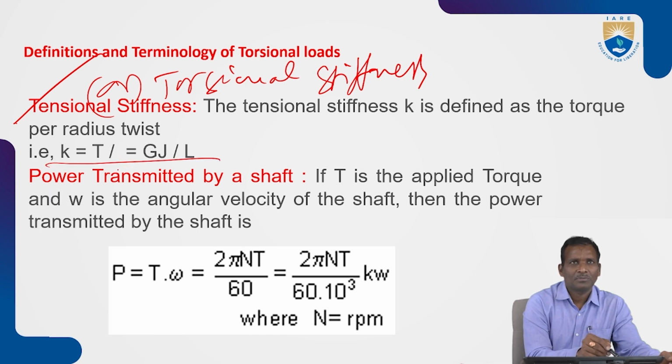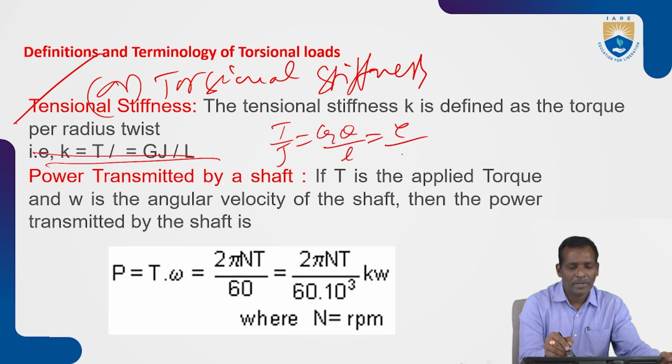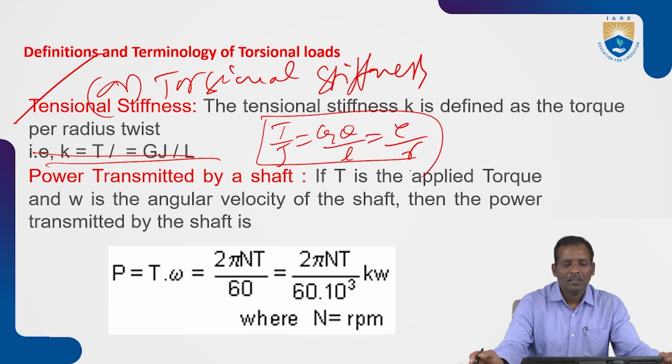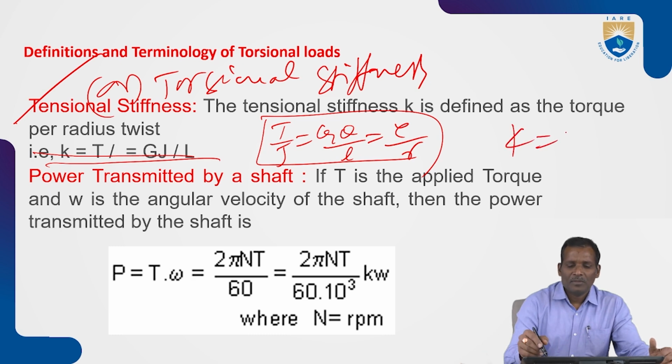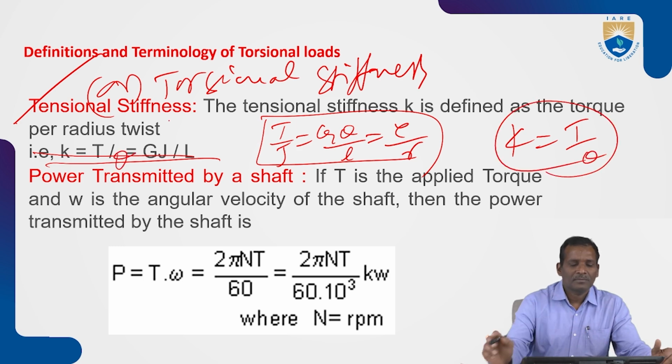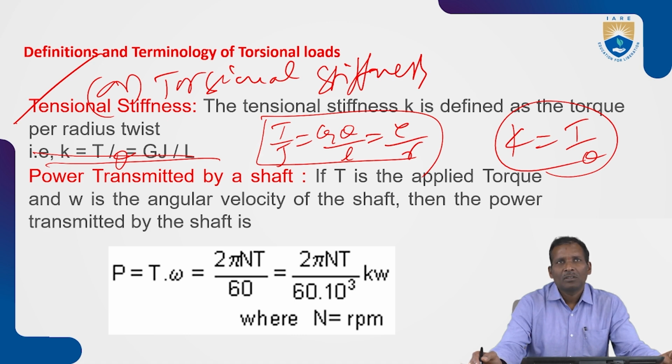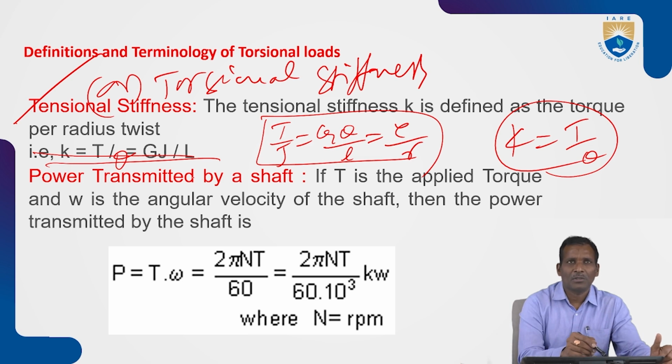K is equal to T by theta. From T by J is equal to G theta by L is equal to tau by R, the torsional stiffness K is equal to load over deflection, where the load is the torsional load and the deflection is theta. So you can write T by theta is equal to GJ by L.